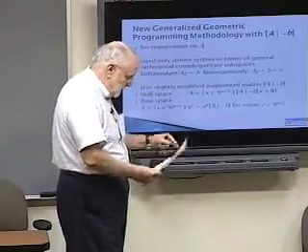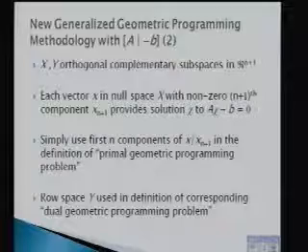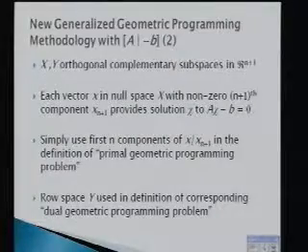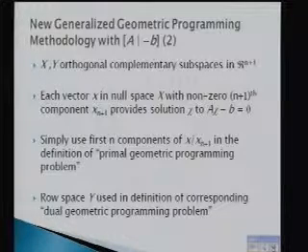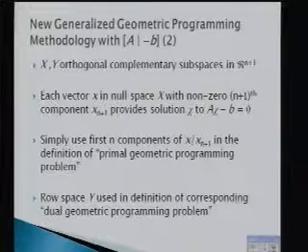And now the next, okay. This is more or less what I just said. Each vector x in that null space with a non-zero component x sub n plus 1 provides a solution that we're after. And so we simply use the first n components of the vector x for xn plus 1 in the definition of a primal geometric programming problem.